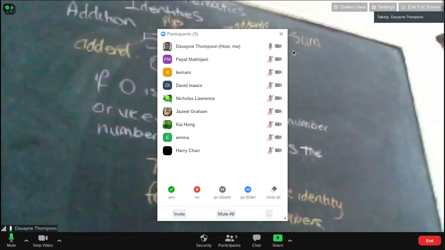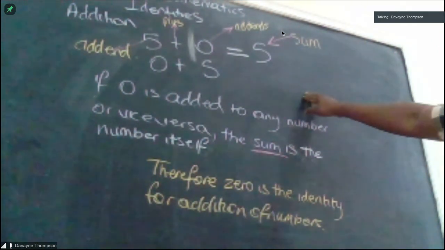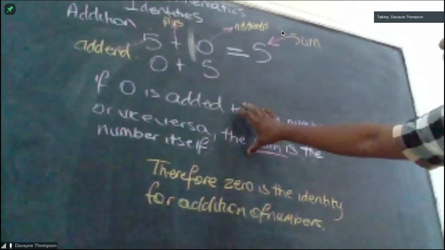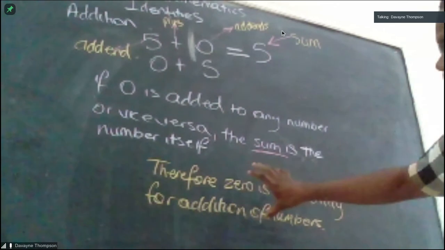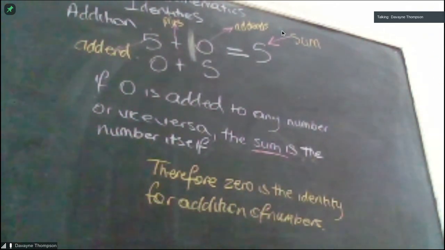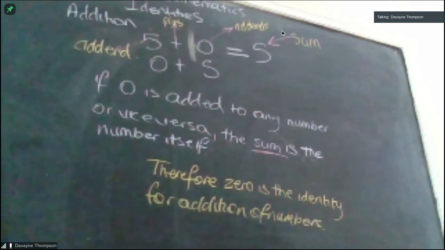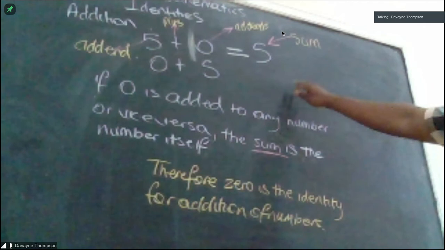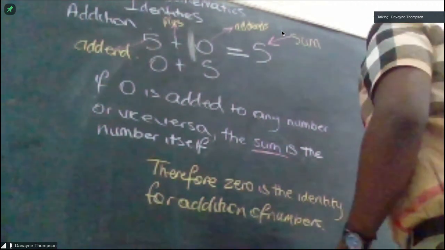So we just wrote down, right? What happens when we add 0 to a number? And then we explained why 0 is the identity, because the value remains unchanged when we add 0 to that number. So the answer, the sum, is the original number. So let's put that.